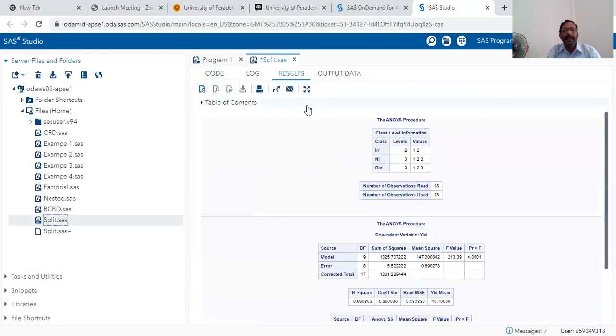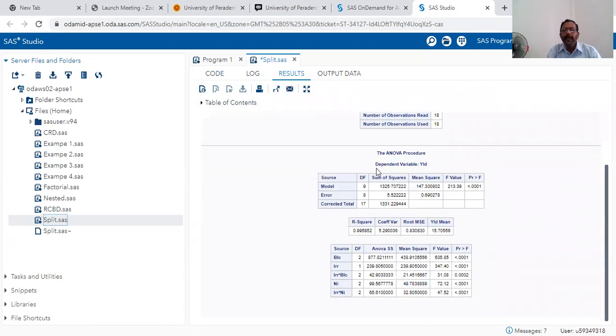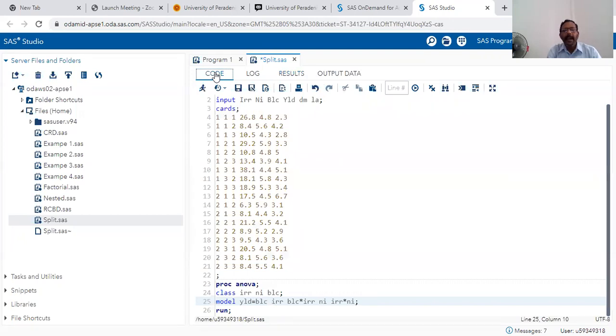Yeah, that is coming. Yield is coming. So likewise, when you do it for yield, it is giving the answer for only yield, or the ANOVA for only yield. It will not harm anything with the other dry matter or leaf area, right?